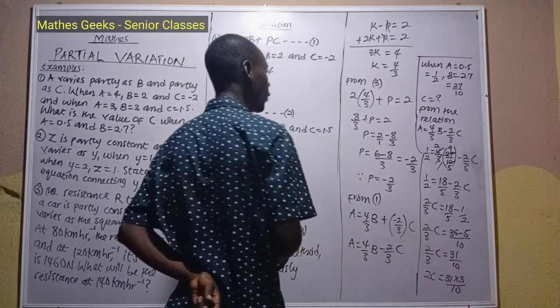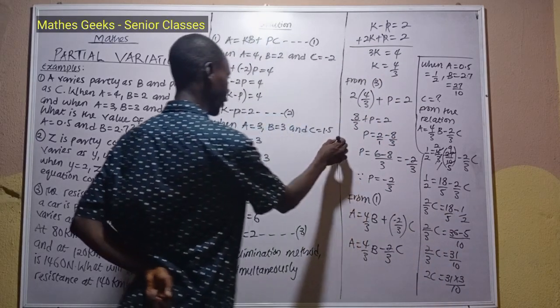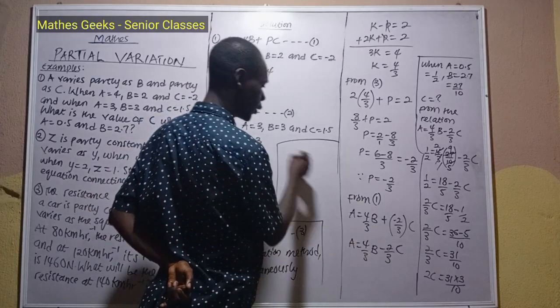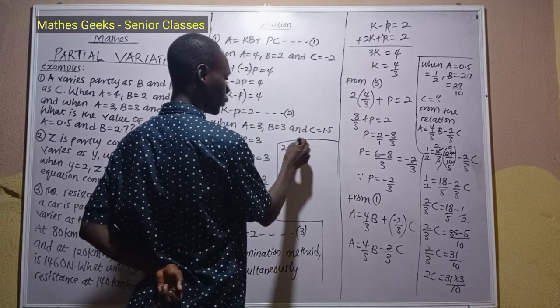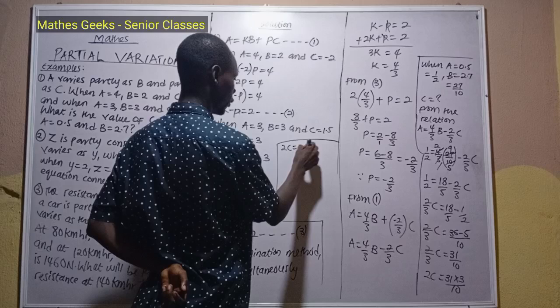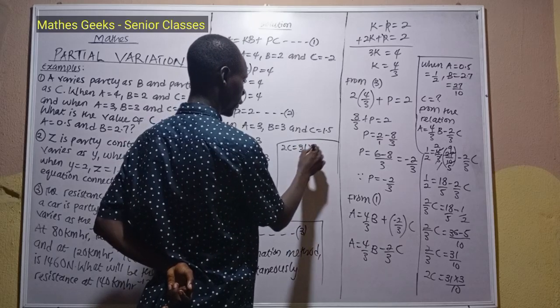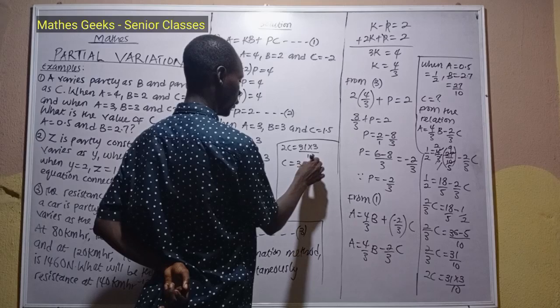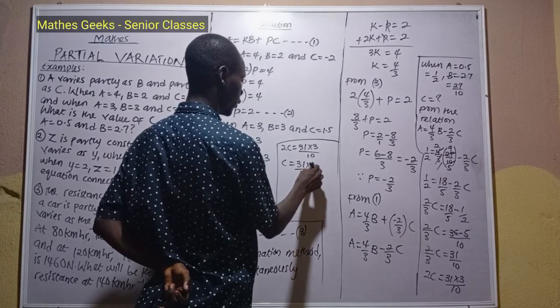So I need to move again. Let me finish off here. So 2C is equal to 31 times 3 over 10, and C is equal to 31 times 3 over 2 times 10.